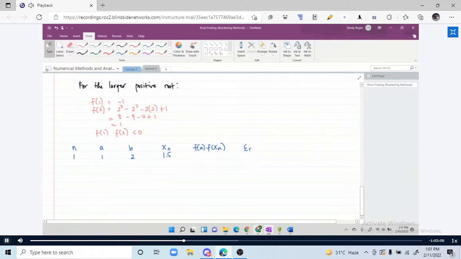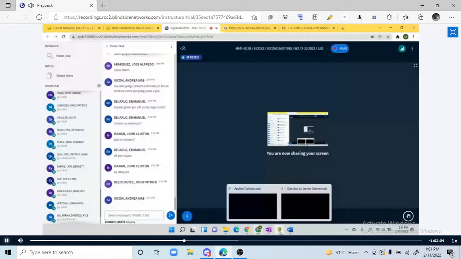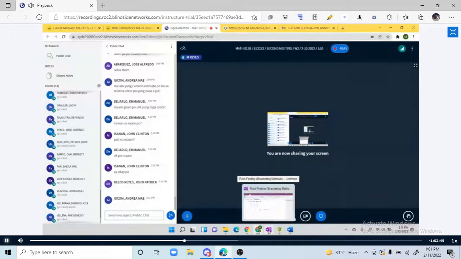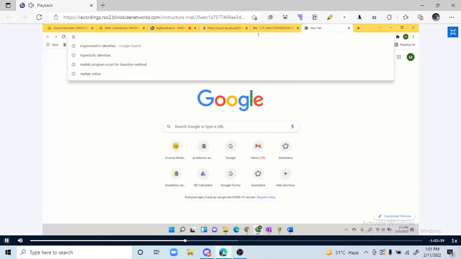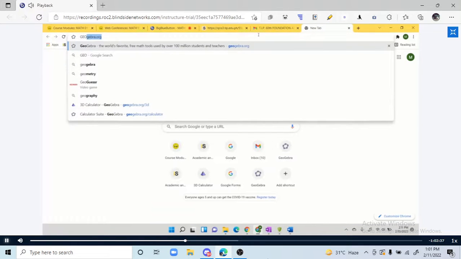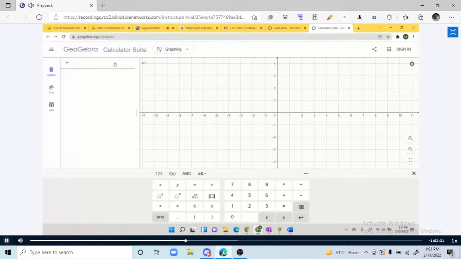Okay, what's the sign here in your calculator? Negative? Tingnan nyo ha. Kasi, tingnan natin sa GeoGebra para may idea kayo kung mali yung calculations ninyo.